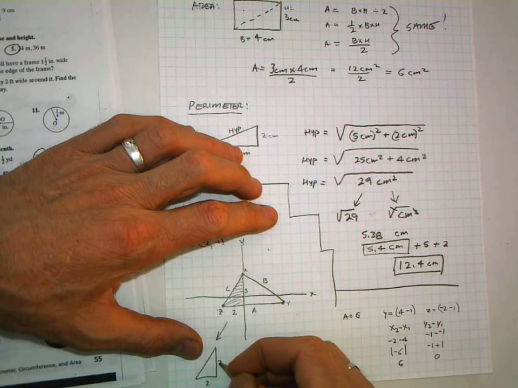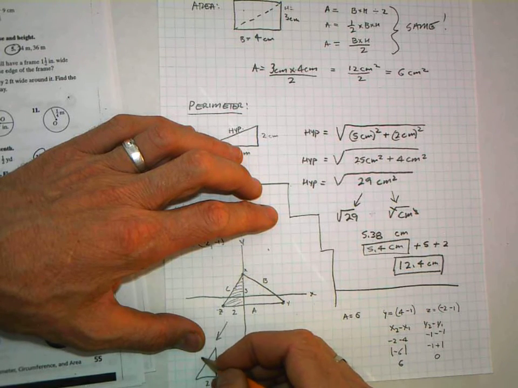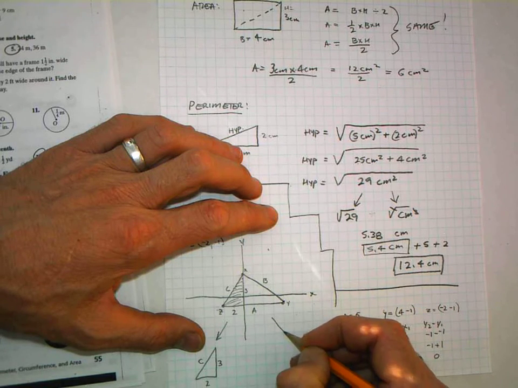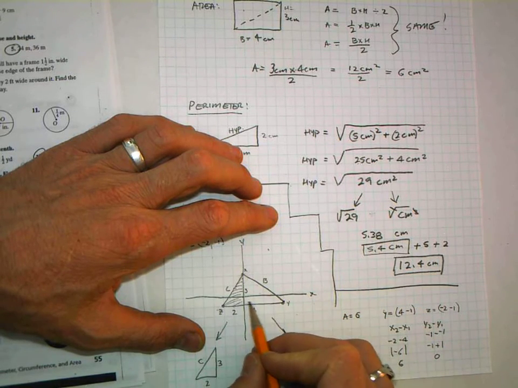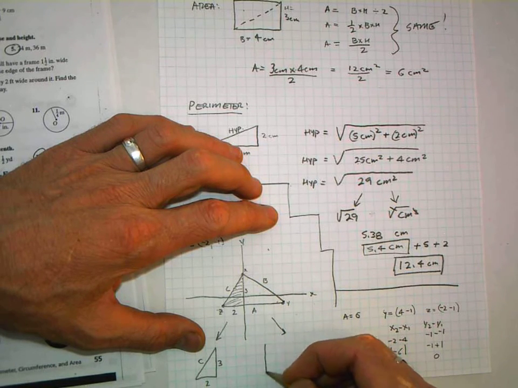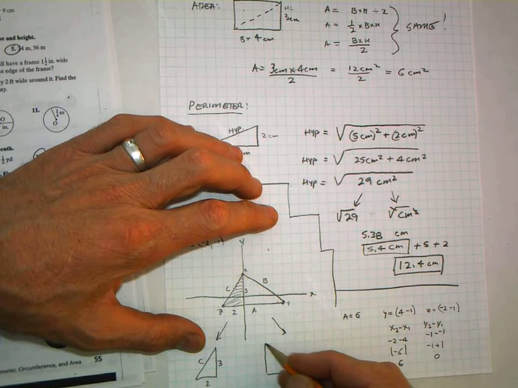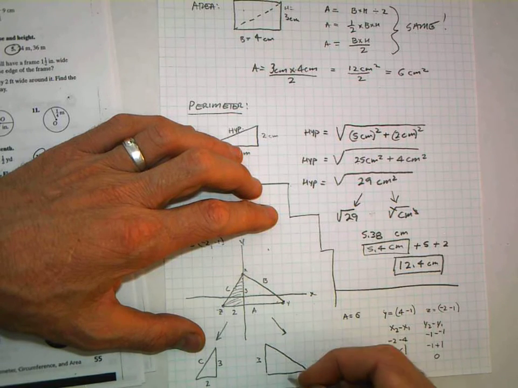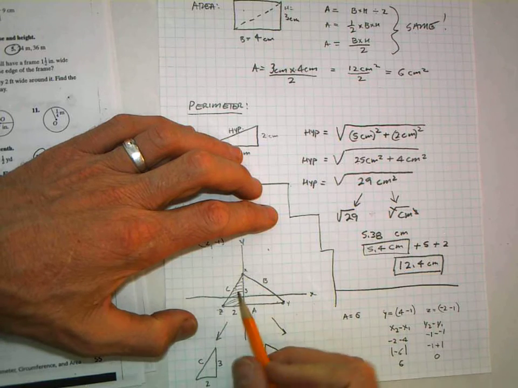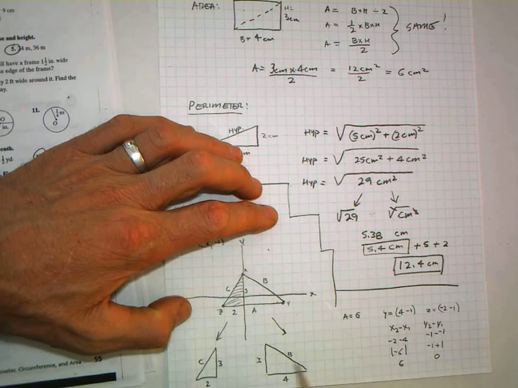This is 2, this is 3, so you can probably guess what side C is going to be. And similarly off here, this triangle is going to be 1, 2, 3, 4. And this is length B. So what I've taken is this triangle and separated it, this triangle and separated it.